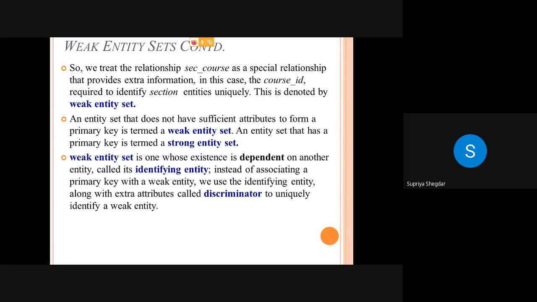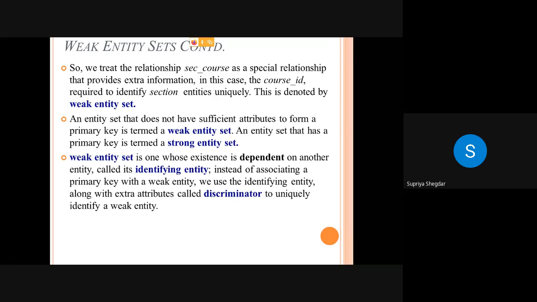Means in our example, if the section entity does not have the sufficient attributes to represent the information, then we call the section entity a weak entity set. Because if the course ID attribute is not present in the section entity, then we cannot uniquely identify each and every tuple from the section entity.